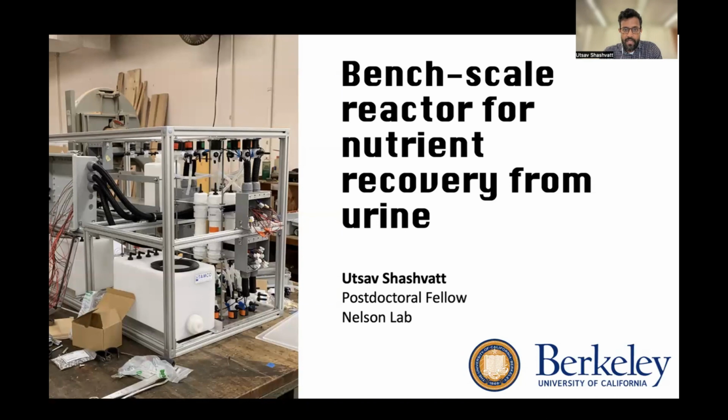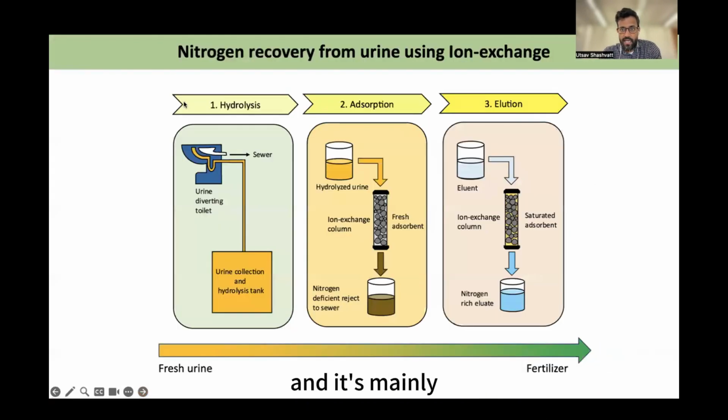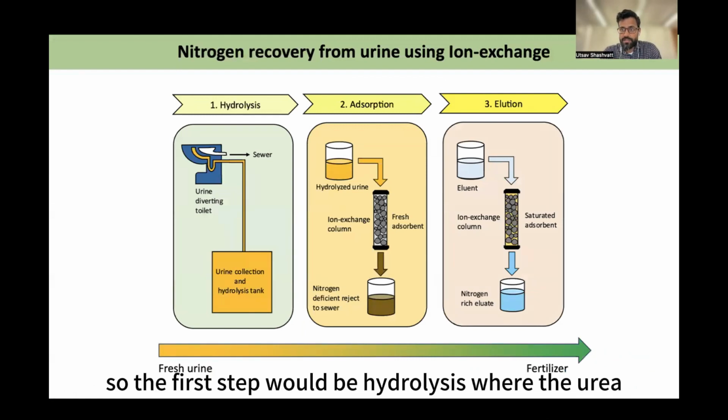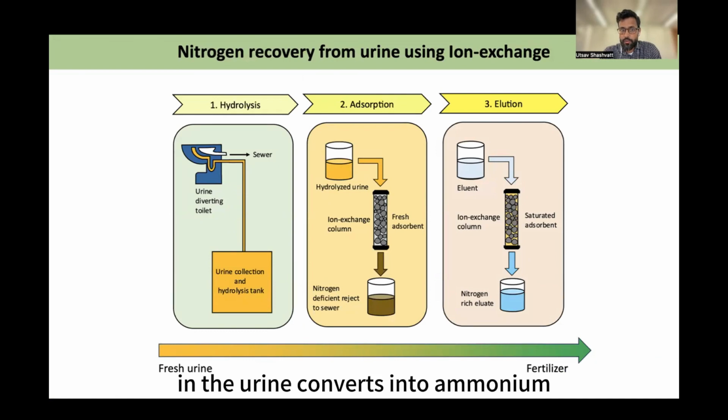So the process that we are using is a three-stage process, and it's mainly ion exchange based. The first step is hydrolysis, where the urea in the urine converts into ammonium. That just happens naturally by giving it sufficient time to rest.